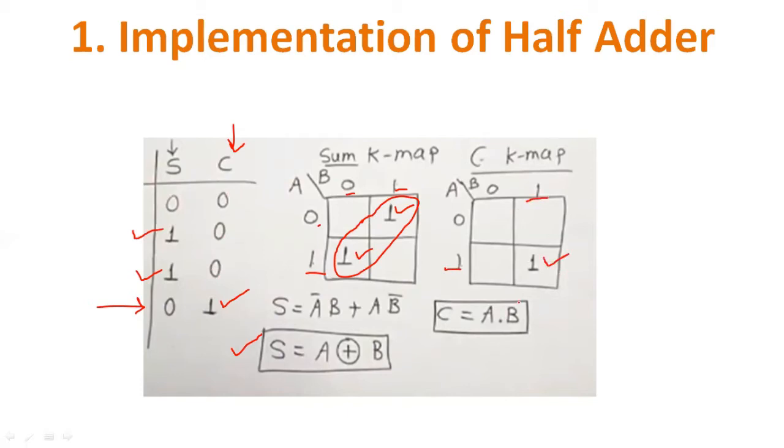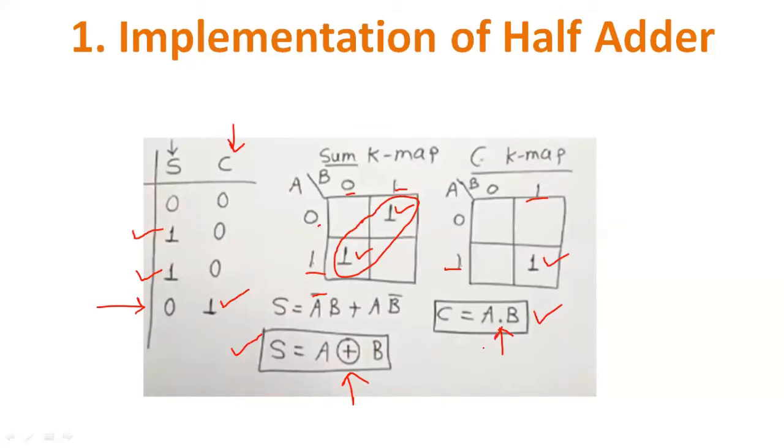So the output equation will be A B. A normal variable is written for logic 1 and a complemented variable is written for logic 0. So C will be equal to AB. From these two equations we can conclude that we will require one XOR gate and one AND gate to implement the half adder.